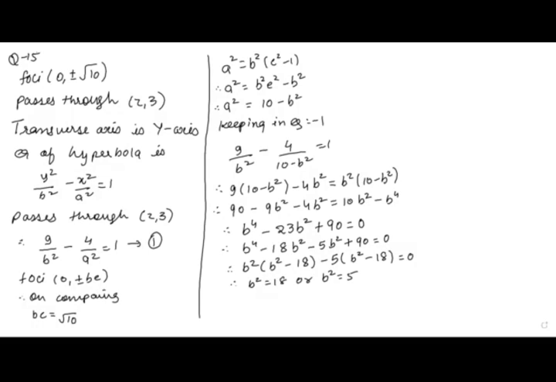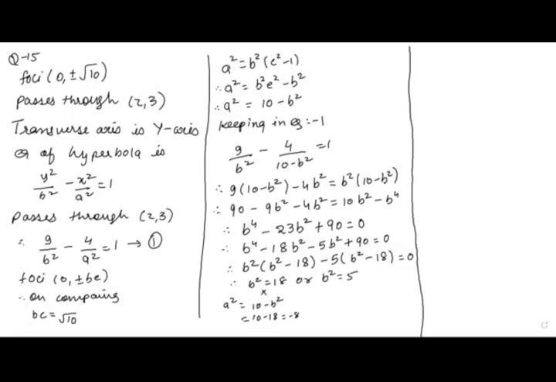But you will observe that I will not take this value of b square as 18, as the value of a square is 10 minus b square, and if I keep the value of b square as 18, I will get a square as negative, which is not possible.